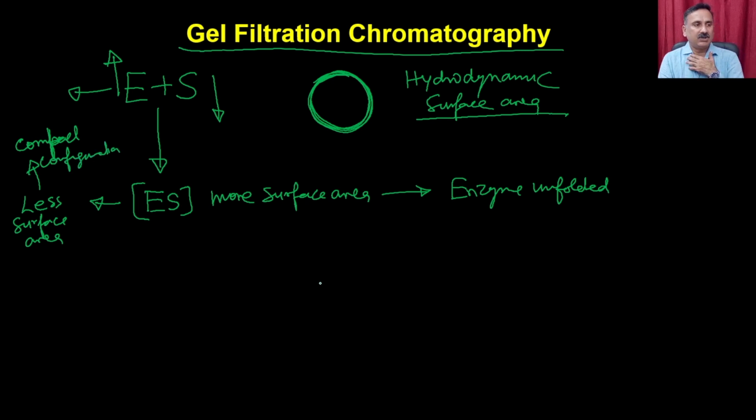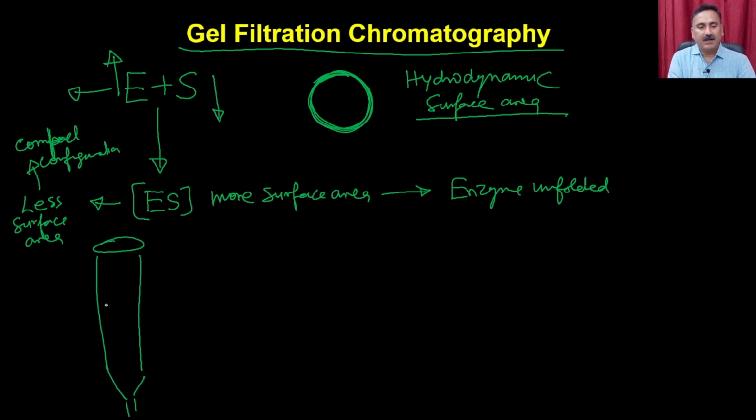Now, how can we study this? What we are going to do is prepare a gel filtration column, right, with the beads, and you are going to analyze your sample. First, you're going to analyze the enzyme, and the buffer you're using for equilibration can have the substrate, right?